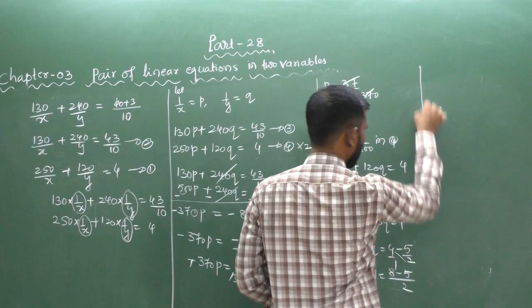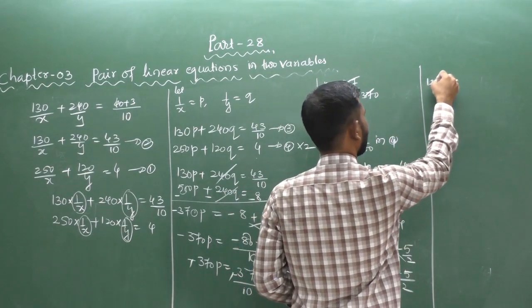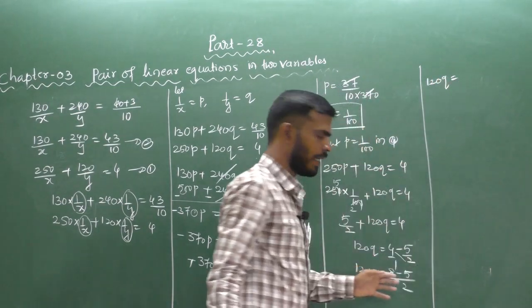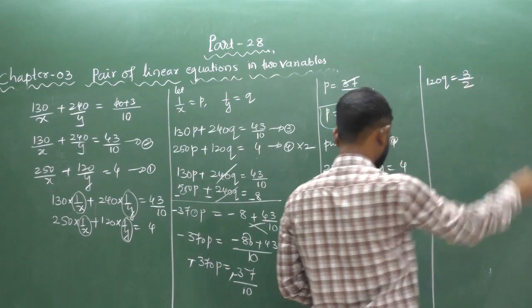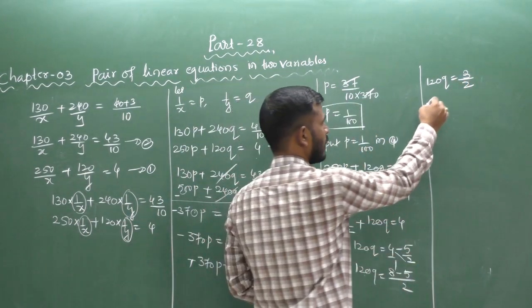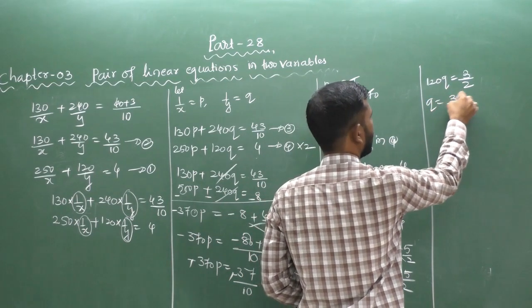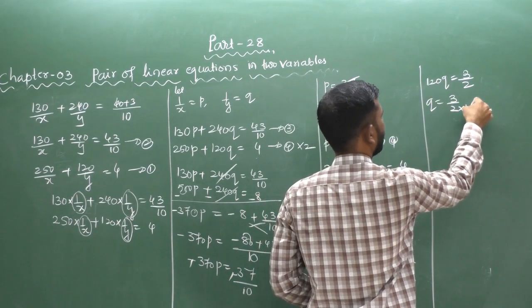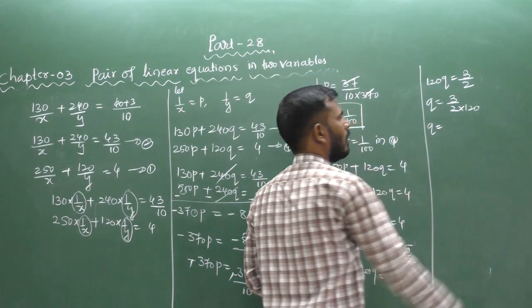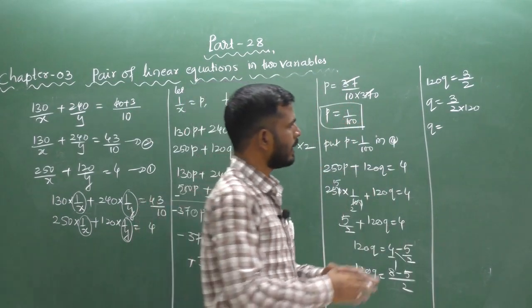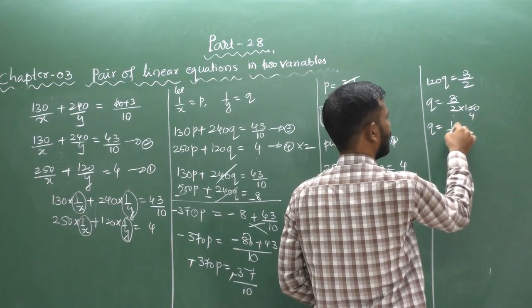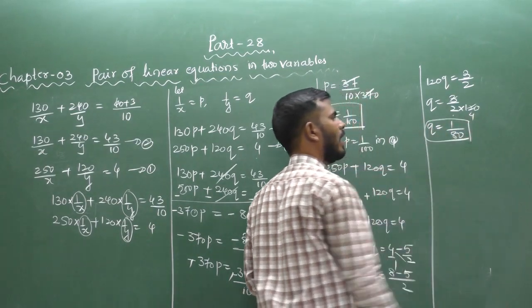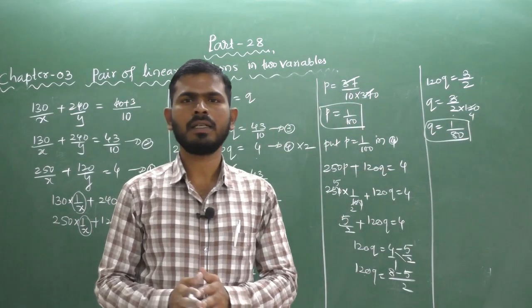Next simplify: 120q equal to 8 minus 5, that is 3, by 2, the 2 as it is. We require the q value, so 3 by 2 into 1 by 120, divided by 120. 3 1s are 3, 4 2s are 8. The q value is 1 by 80.